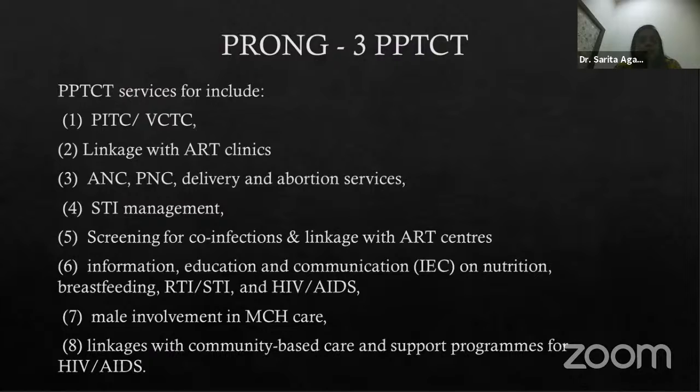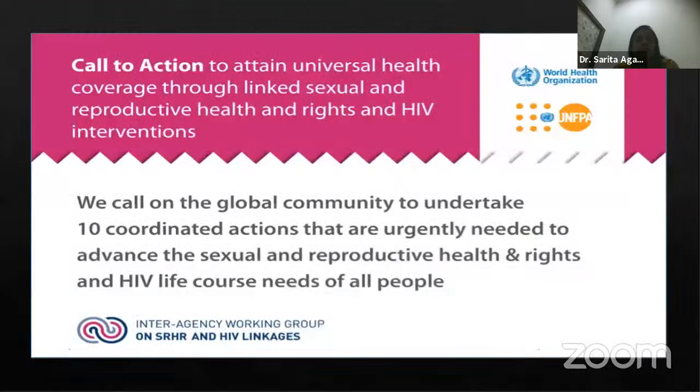And then further linkage with the community based care and support program for HIV and AIDS. And these 4 prongs of the PMTCT, and the RTI and STI care delivery system, incorporating family planning, definitely is a way to reach our goal of tackling these 2 health problems.